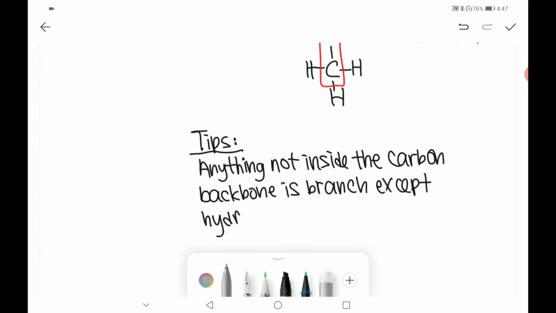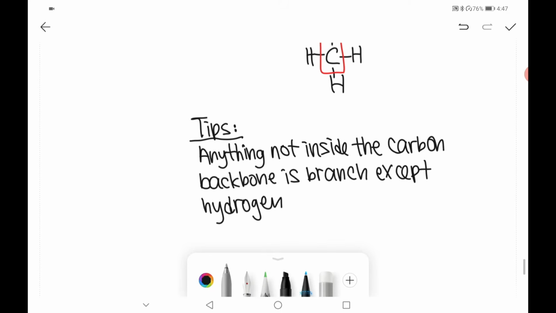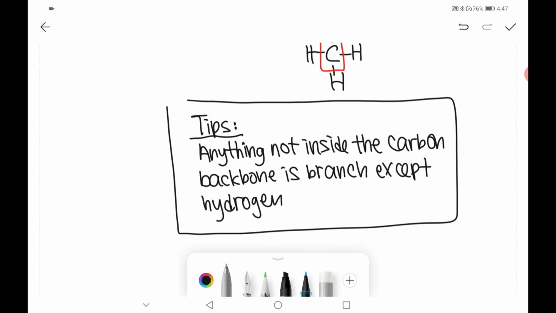Hydrogen is not counted as a branch. So this is what you need to know.